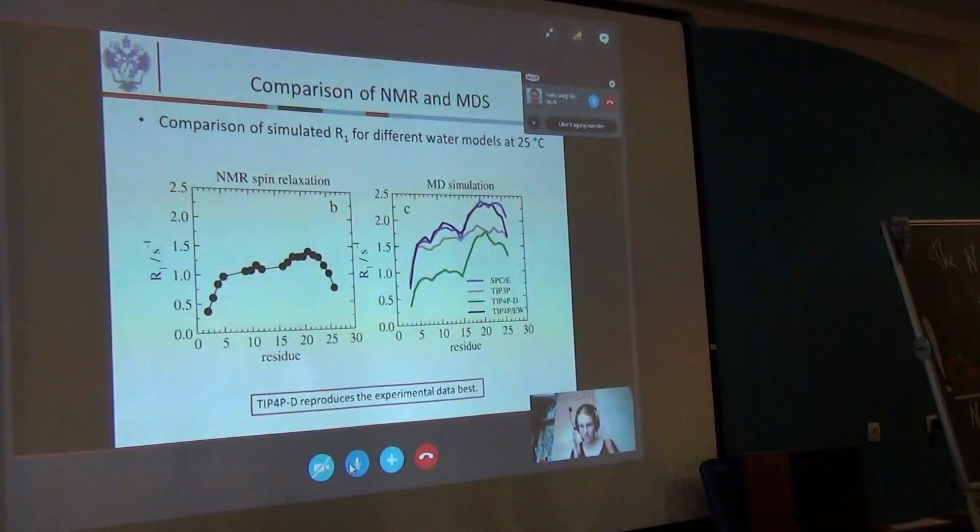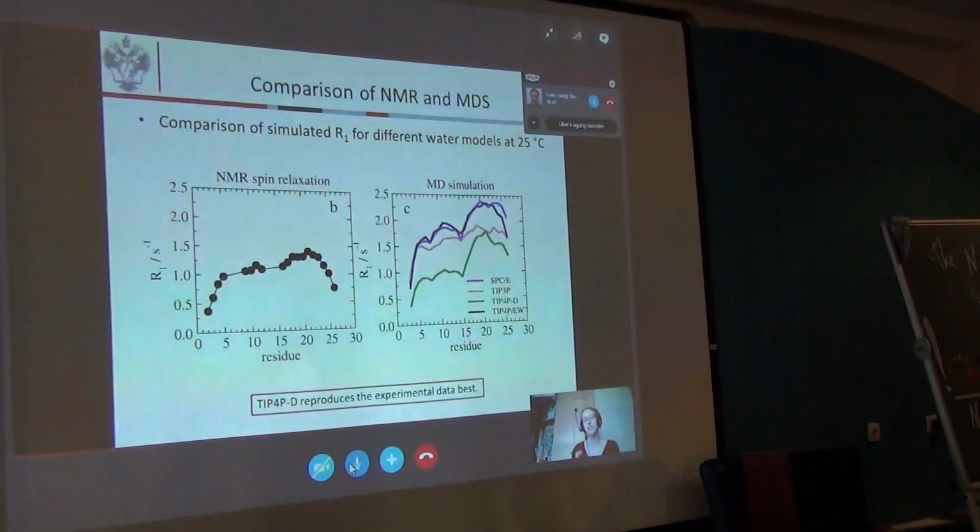Hello. Do you think that the TIP4PD water model will be the best only for intrinsically disordered proteins, or maybe for other proteins too? Let me tell you a little bit more about TIP4PD.